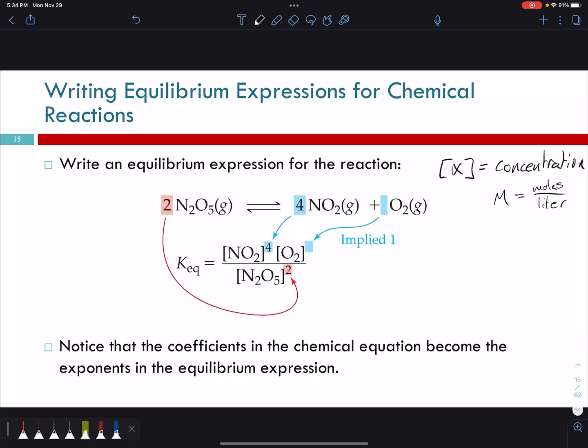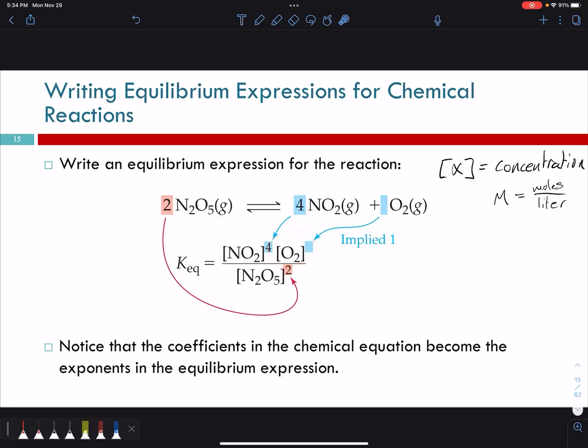So we've taken the nitrogen dioxide and oxygen, those are on our numerator, the top of this fraction. Nitrogen dioxide gets raised to the 4th power because that's the coefficient in front of it.